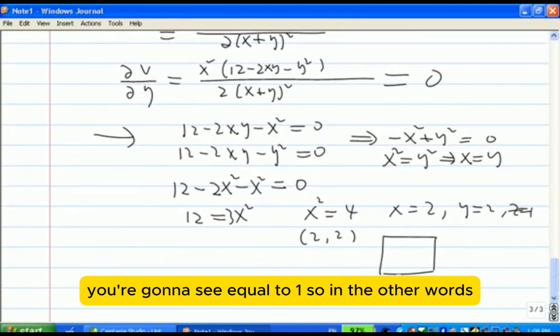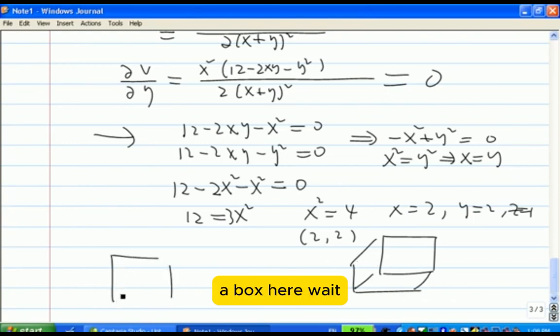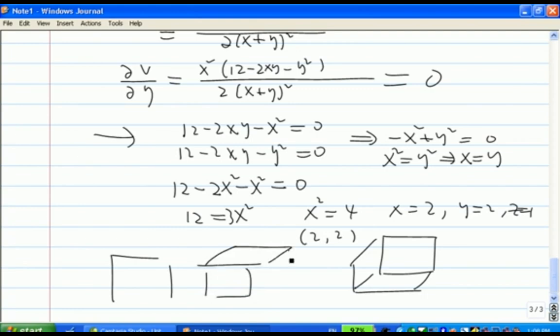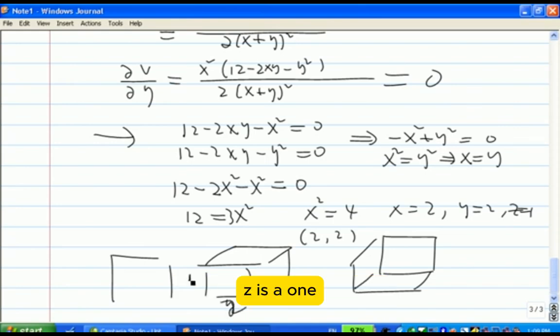So in other words, if you make a box here, x is 2, y is 2, z is 1.